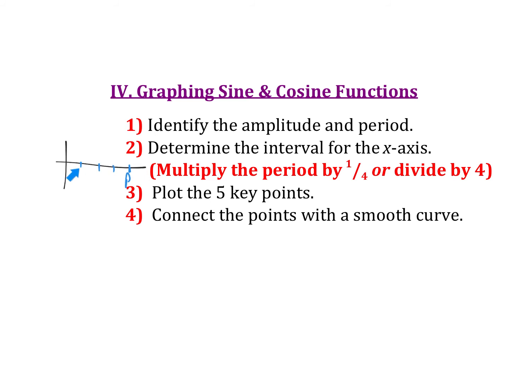To figure out these little tick marks, we need 1/4 of that period. So that's why it says here, multiply the period by 1/4 or divide it by 4. These are equivalent statements. Multiplying by 1/4 is the same as dividing by 4. Then we'll plot our points and connect the dots with a smooth curve.